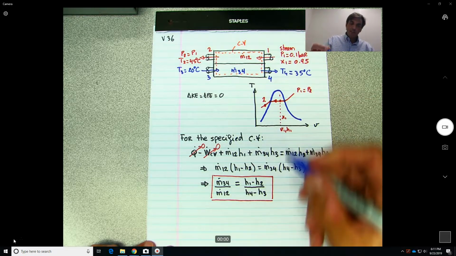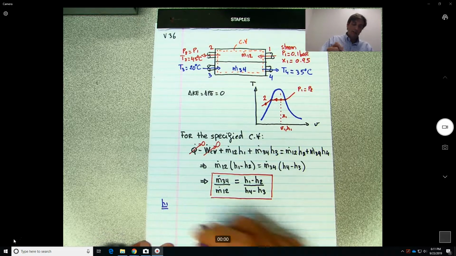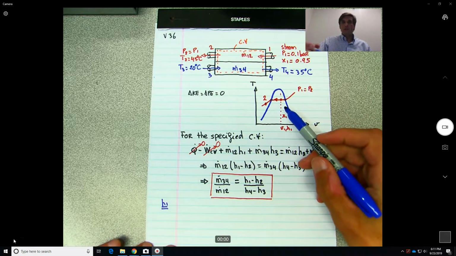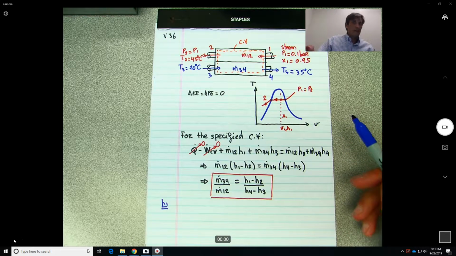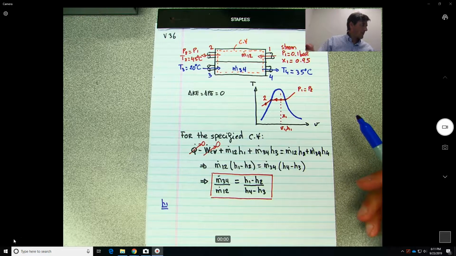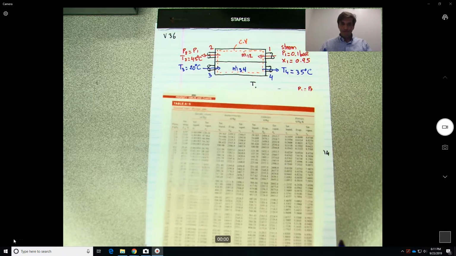So we know the substance we are dealing with is basically water. So for H1, what is the state? So we know it's going to be a mixture. So what does that mean? That we need to go to the table for mixtures, and that will be table A5.